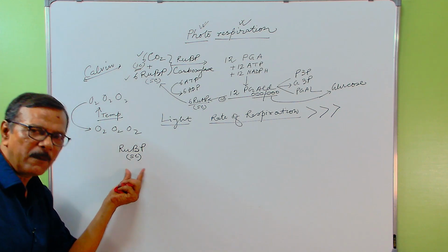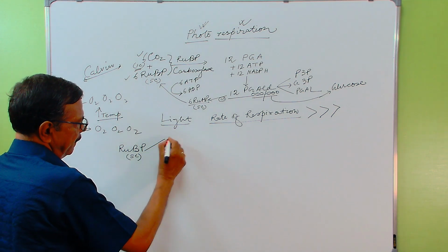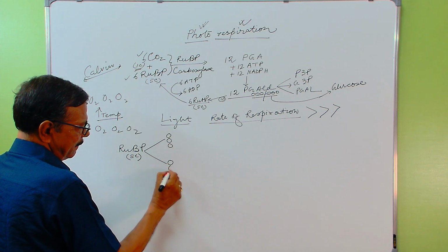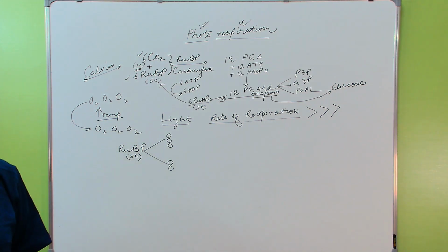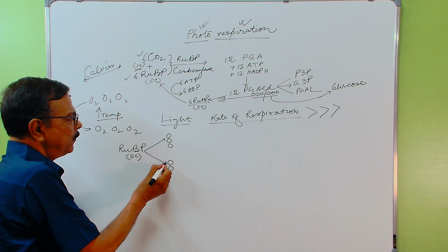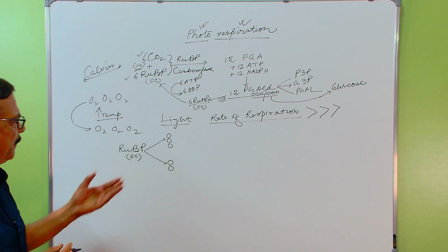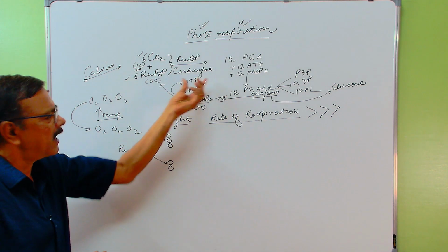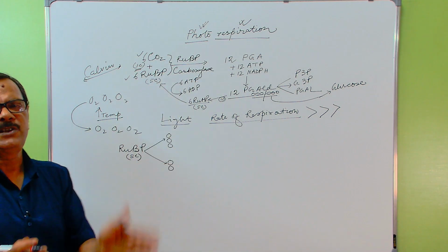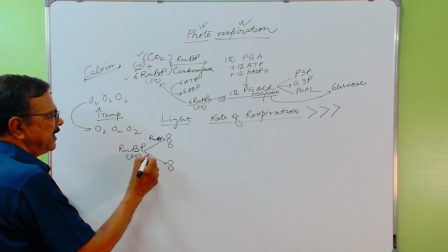This 5-carbon compound splits into a 3 carbon and a 2 carbon. How? Because this RuBP carboxylase acts as RuBP oxygenase.